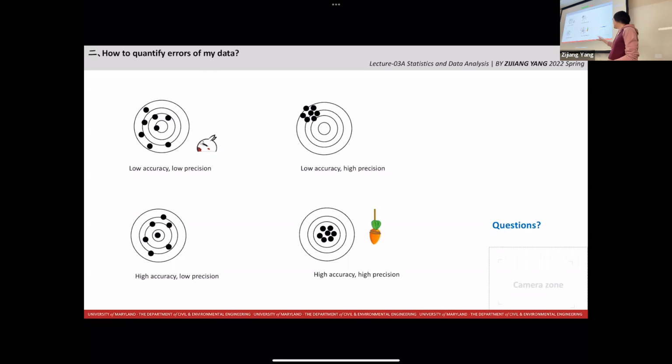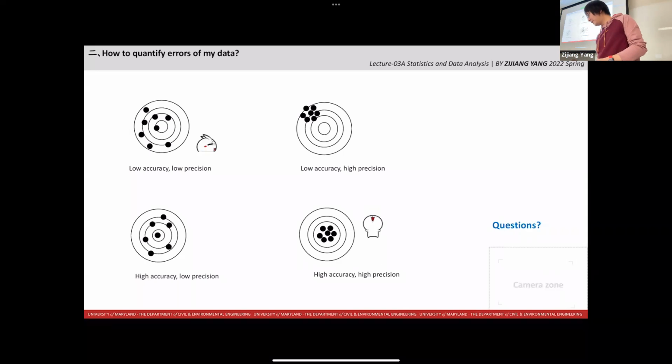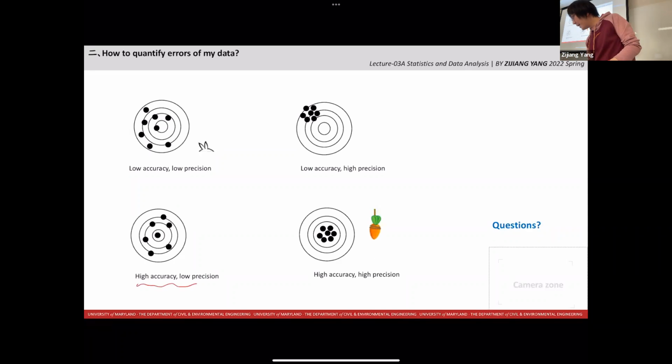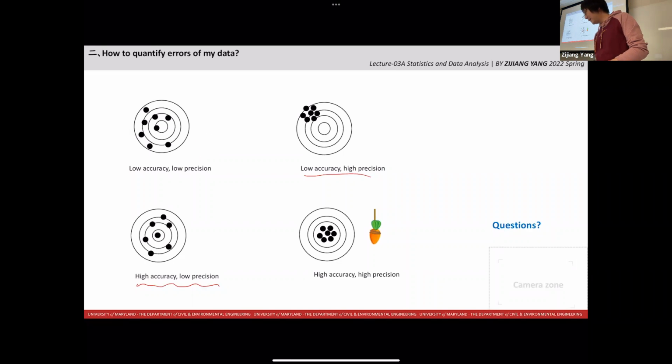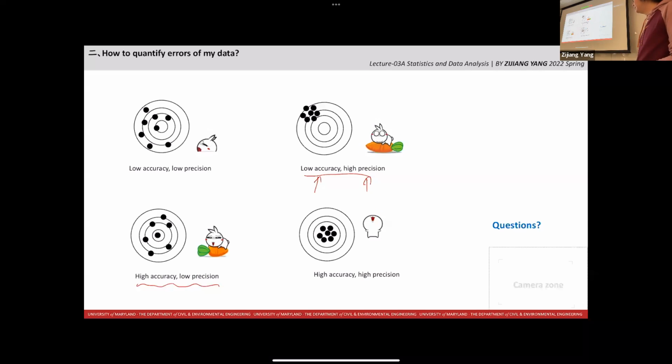But because this is perfect, we are chasing it, but usually we cannot get it. So in practice, we usually have these 2 combinations, which are more reasonable or practical: high accuracy but low precision, or low accuracy with high precision.